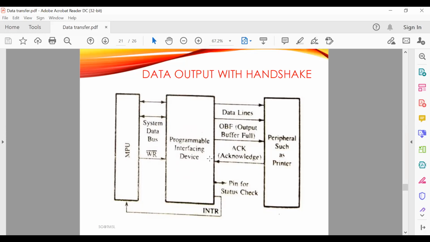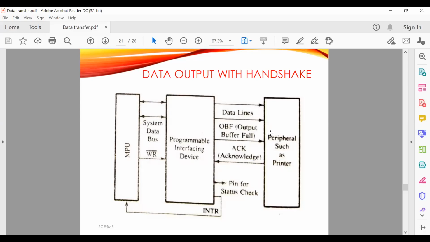First the microprocessor writes the data byte into the output port of this programmable device by sending the control signal write bar. Next, this device informs the peripheral by sending the handshake signal output buffer full, that a byte is on the way and you have to accept it.